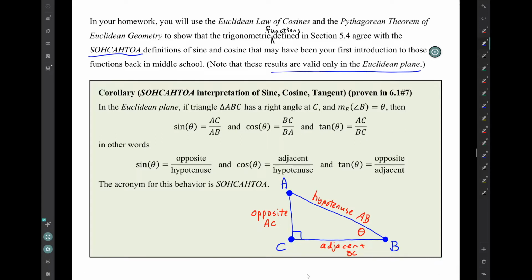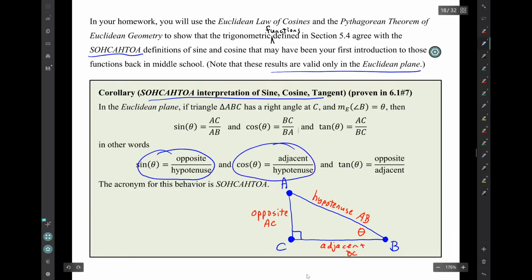So remember, the Sohcahtoa interpretation of sine, cosine, and tangent says this: the sine of an angle is the opposite over the hypotenuse. The cosine of an angle is adjacent over the hypotenuse, and the tangent of an angle is opposite over adjacent. Notice that those definitions of sine, cosine, and tangent refer to a triangle. They refer to right angles. They refer to angles.